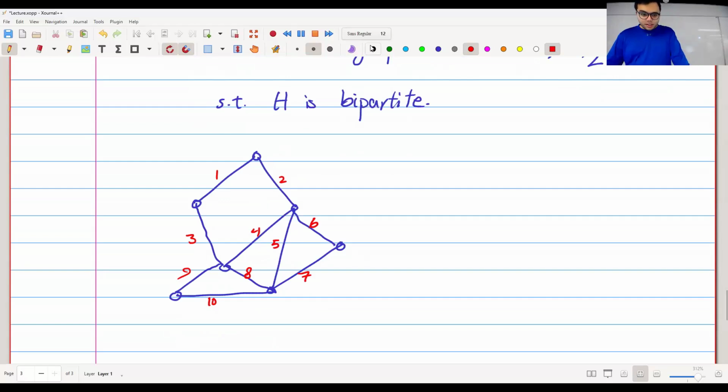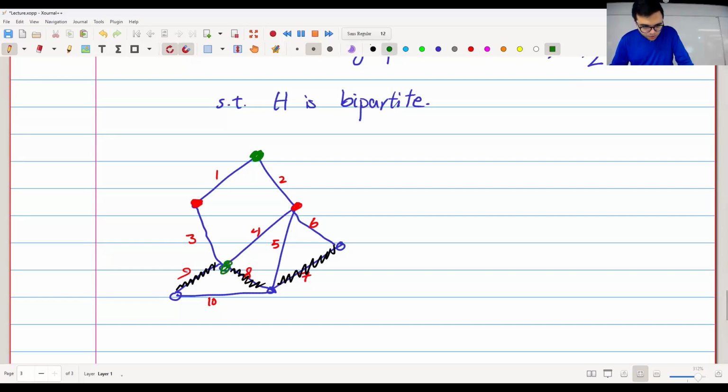So let's try this. Let's say I erase this edge, I erase this one, and I erase this one. And I claim that this graph is now bipartite. How can I show that? Well, if I can color the vertices with 2 colors such that every edge goes between vertices of different colors, then it's bipartite because I can say one color is one of my parts and the other color is the other part. So let's say I color this one green, I color this one red, this one red.